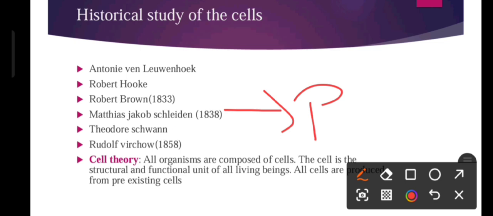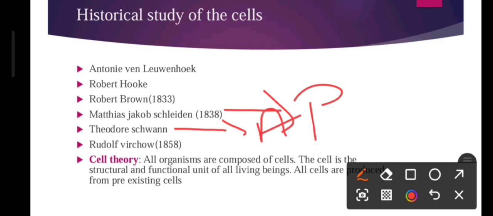So animals are also composed of what? Cells. And then in 1858, Rudolf revealed that all cells grow from another cell by the division of cells. Every cell exists from another cell.